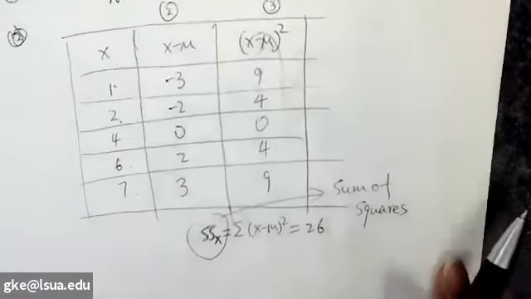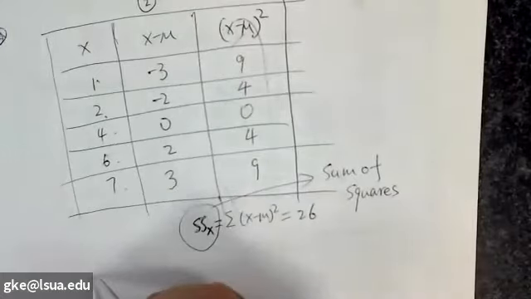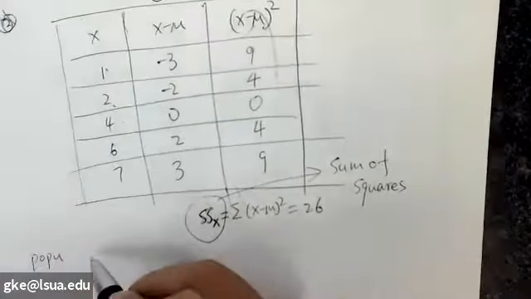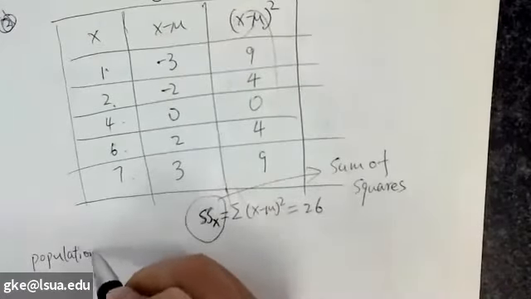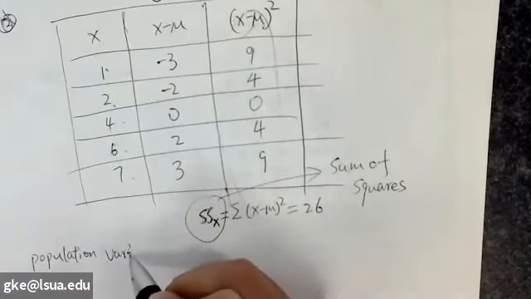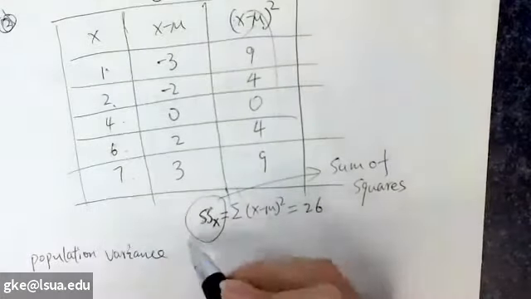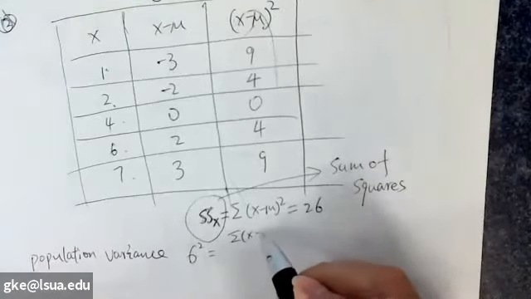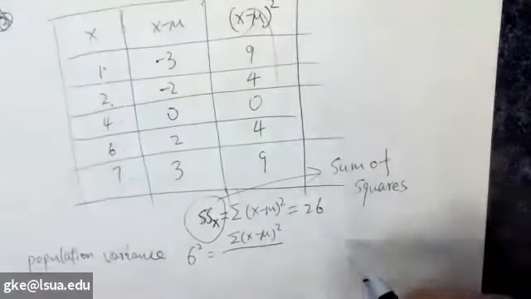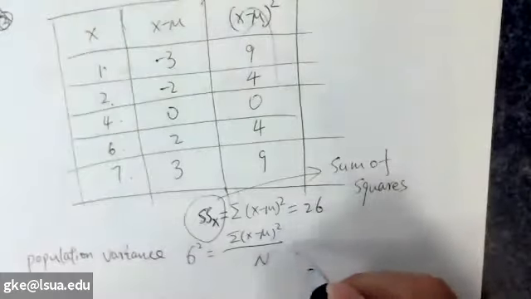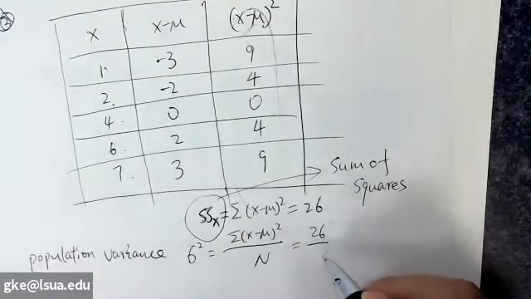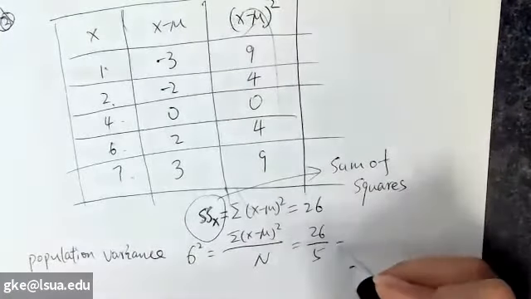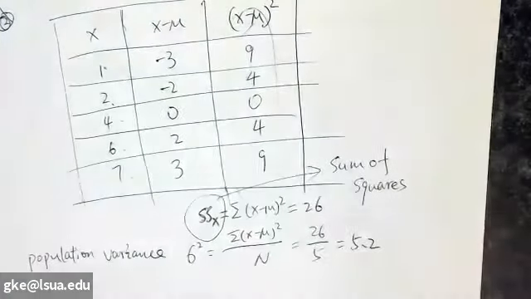Now, after we get this one, then we can calculate the population variance. And the sigma square is divided by n. 26 divided by 1, 2, 3, 4, 5. 5 equal to 5.2.